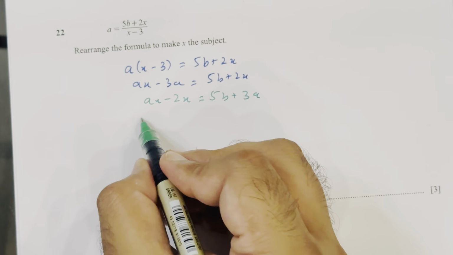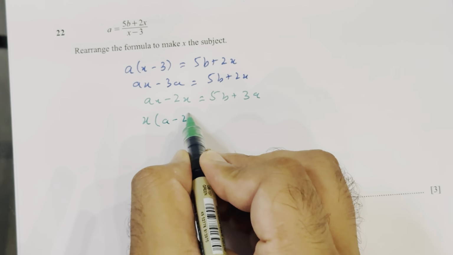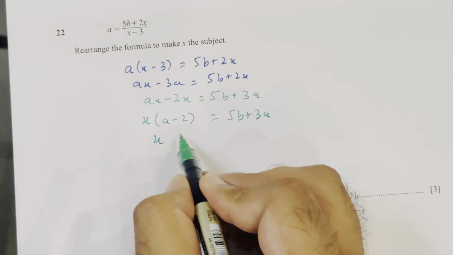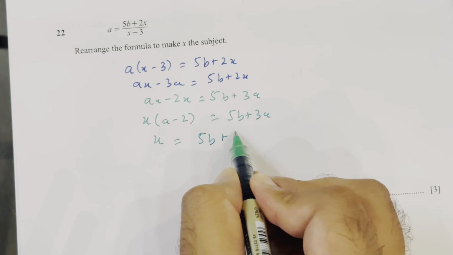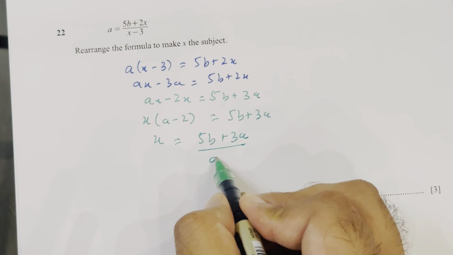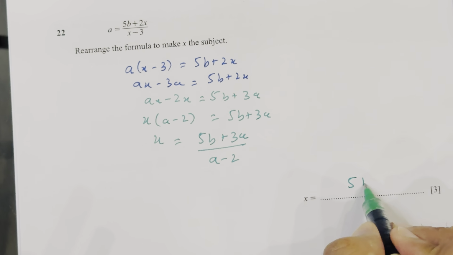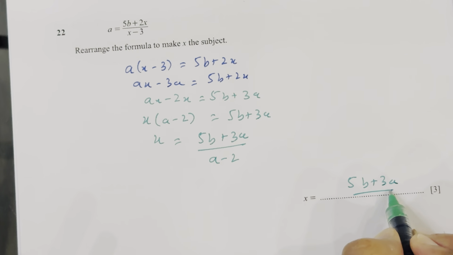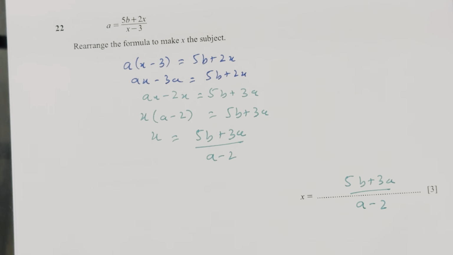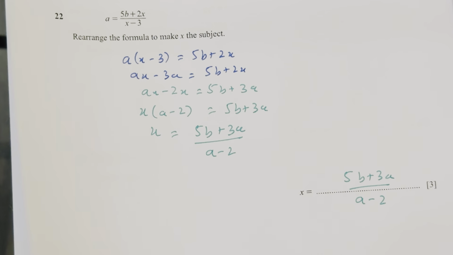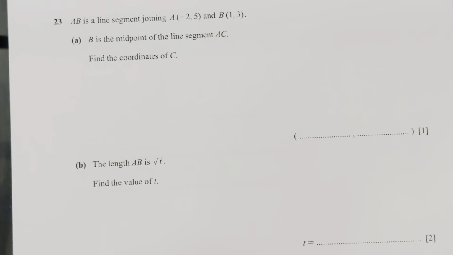I take x as common, a minus 2, equal to 5b plus 3a. Then x is equal to 5b plus 3a divided by a minus 2. So we're going to write our answer 5b plus 3a over a minus 2. So this was the simple question of making x our subject.